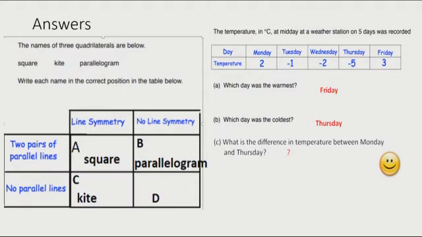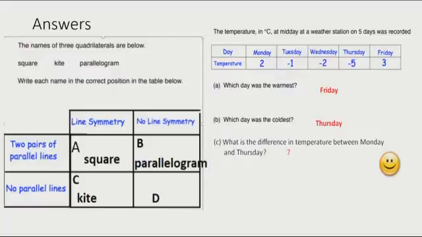A parallelogram has 2 pairs of parallel lines, but no line of symmetry. This is a problem. Students tend to think that the diagonal line of a parallelogram is a line of symmetry. It's not, okay? And in region C, it's the kite. The kite has no parallel lines, but has a vertical line of symmetry.